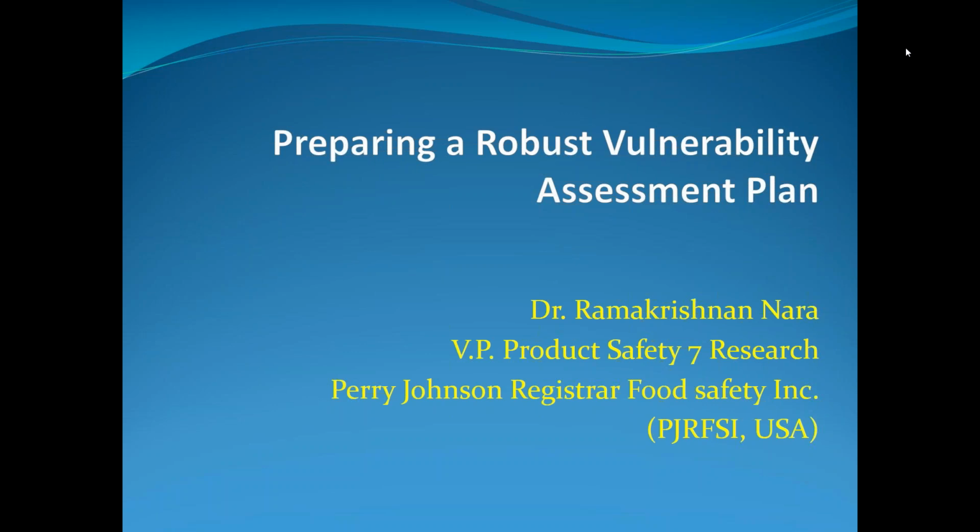These are to proactively mitigate the risks associated with malicious contamination and economically motivated adulteration. TACCP is essentially for malicious contamination, and VACCP, vulnerability assessment, is essentially for economically motivated adulteration.